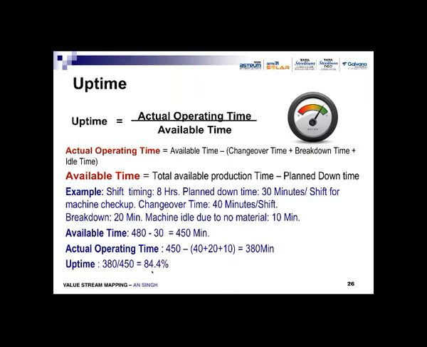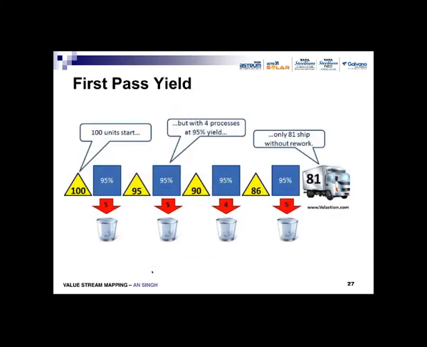So it becomes 84.4%. The maintenance people are supposed to increase the uptime. Maintenance and operation jointly have to increase the uptime to reduce the cost and have higher productivity from the process.